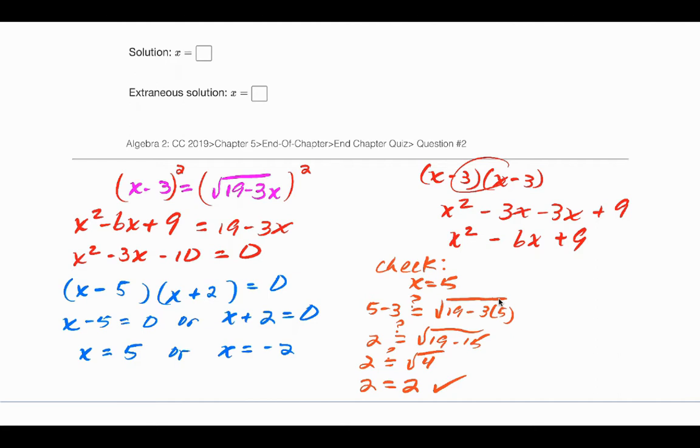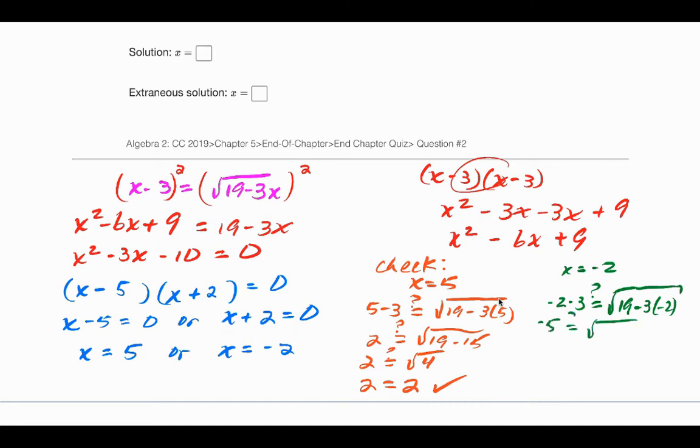So we're going to say x is equal to negative 2, and we're going to plug that one in. So again, I'm going to have negative 2 minus 3. Again, our question is, does that equal 19 minus 3 times negative 2? All right, negative 2 minus 3 is equal to negative 5.